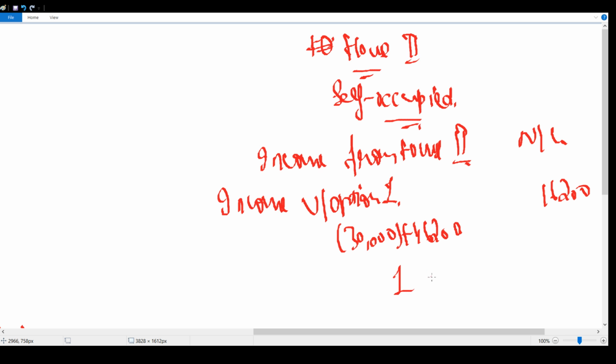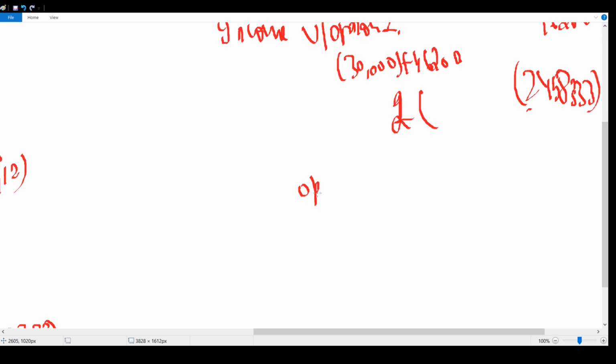Then option 2, what is it? Negative 24,583.33. So we have to write option 2 is better. Option 2 is better.